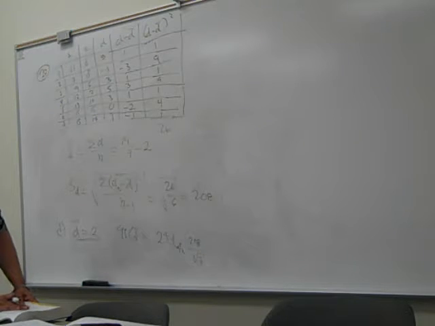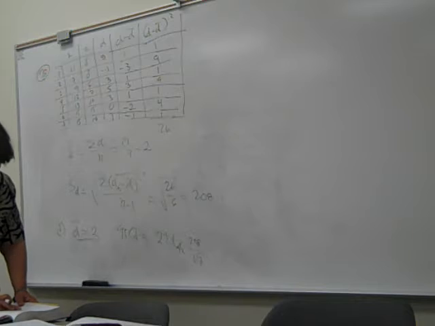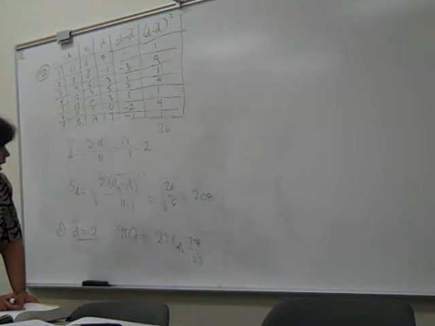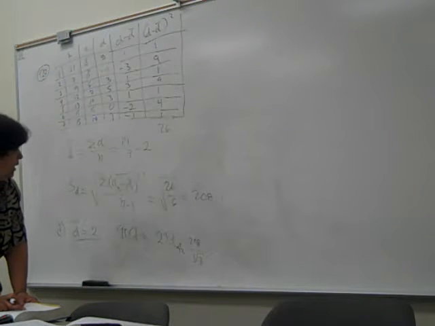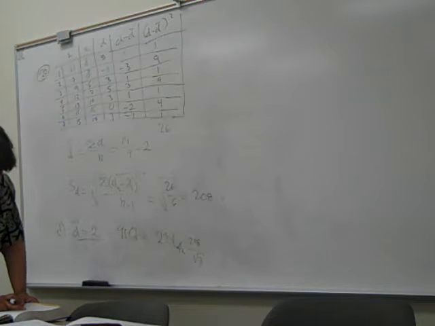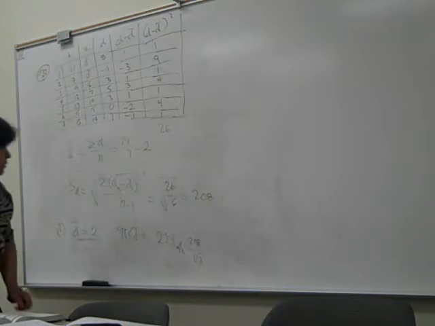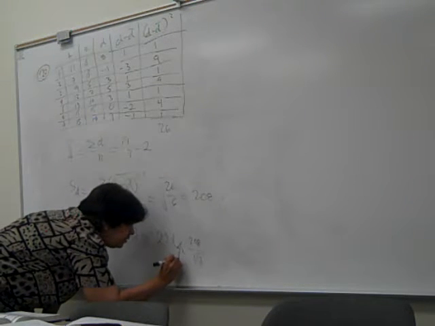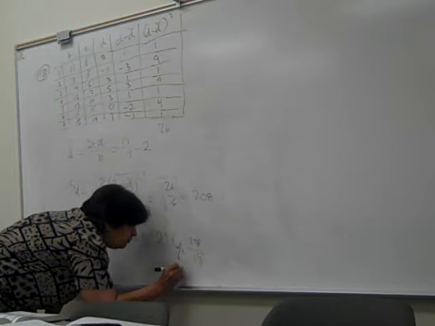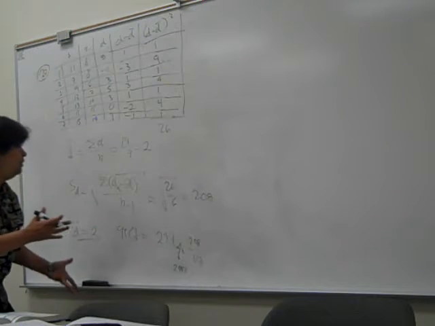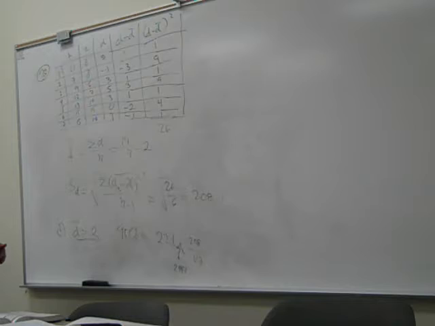How many degrees of freedom? n minus 1. So in this case, n is 7, so we're going to use 6. And t of alpha divided by 2, and alpha is 0.05. So it's 0.025, 2.447. So t of alpha divided by 2 is 2.447.